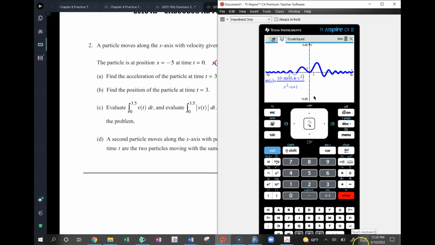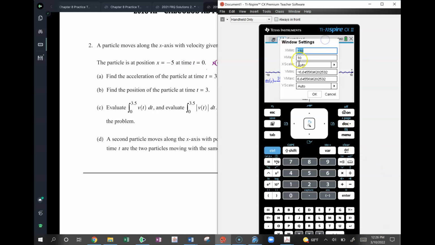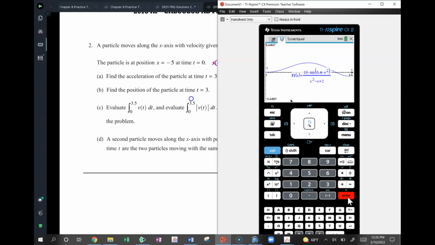Okay, so it looks like that, but we're only looking from 0 to 3.5. So if you like, you can go to menu, window settings, and you can put this from 0 to 3.5. Okay?